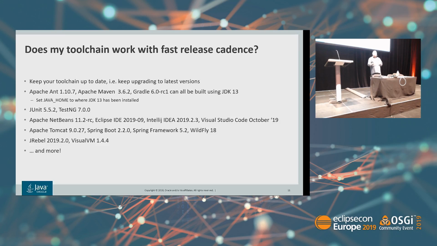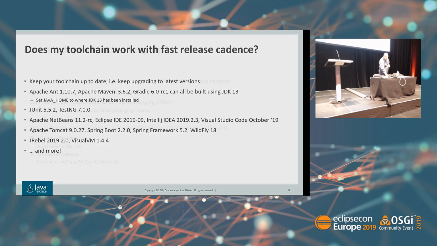So for example, I think Spring just announced support for 13 about a week ago. And the list goes on and on: development tools, monitoring tools, and so on. So there is a significant chunk of the typical tool chains people use to develop applications that already is following the faster release cadence, or is ready for it.